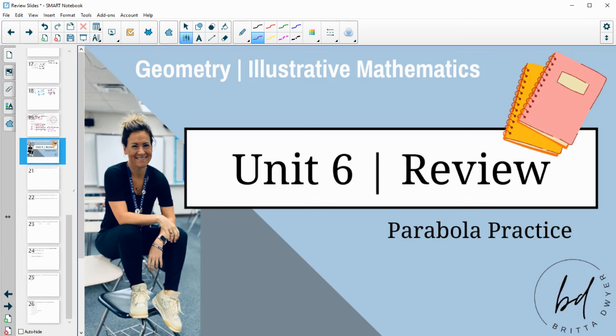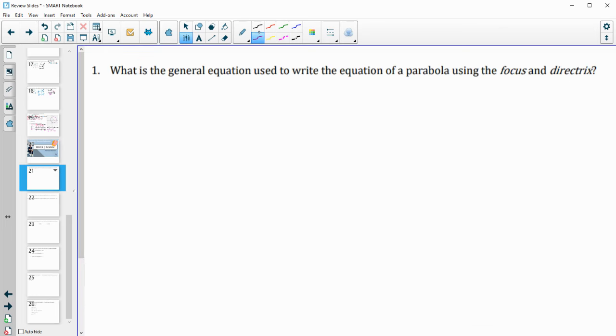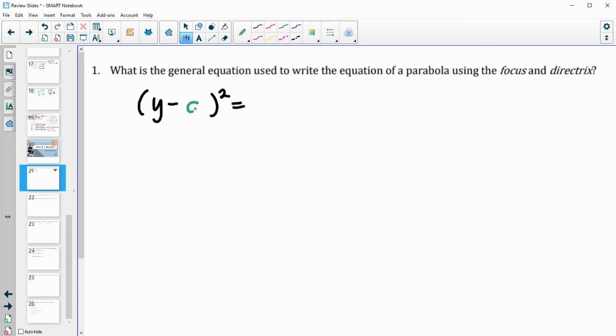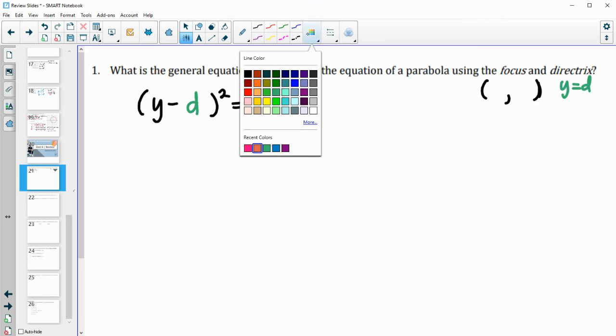All right, then finally we have parabola practice for this next part. So in general, what is the equation used for a parabola using the focus and the directrix? So we have y minus the directrix squared, okay? And so this is going to be your directrix. And then the focus is an ordered pair. So the directrix is a line. The focus is a point.